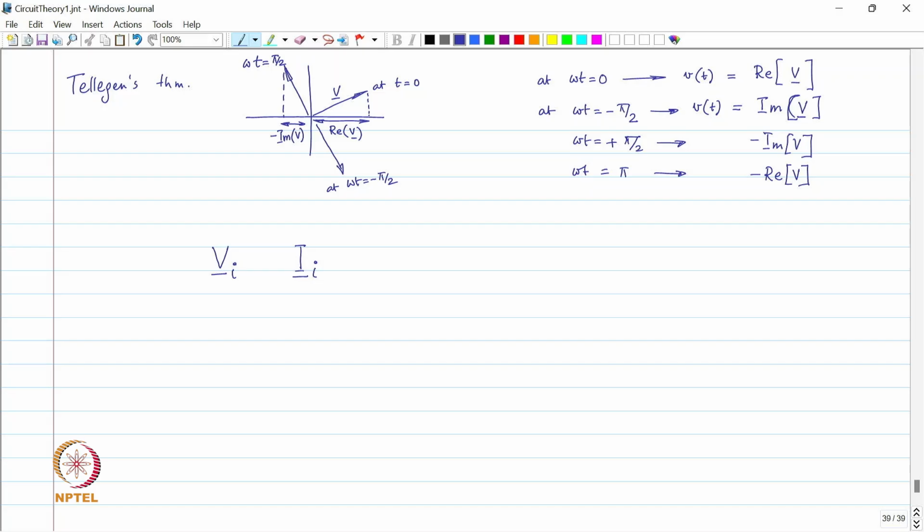These are all phasor quantities. Now, the list of actual voltages at t equal to 0, what are they? They are the real parts of V sub i.